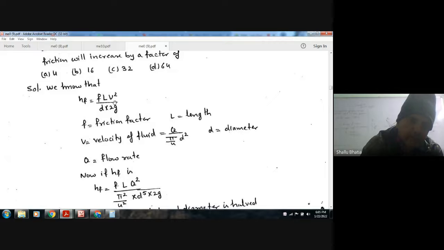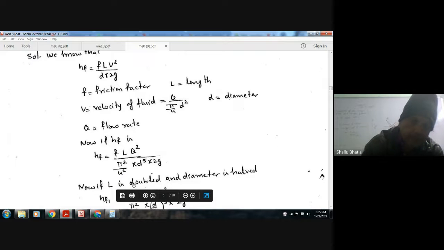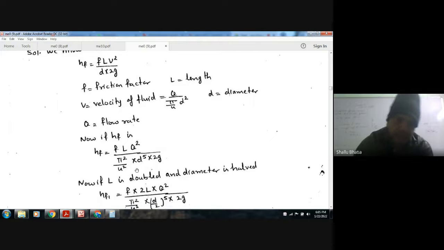And f is constant, the friction factor. Now the velocity of fluid can be written as Q by pi by 4 d squared, where Q is just the flow rate, so V can be changed. So V squared can be written as 16 Q squared divided by pi squared d to the power 4. So hf is directly proportional to L and inversely proportional to d to the power 5.